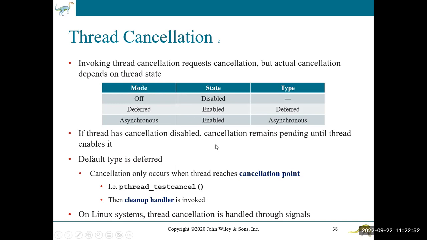So, thread cancellation. I mentioned conditions, didn't I? Or events. So an event can be a change in a thread state, or it could be some event between threads, right? But essentially, when you're talking about thread state, there are dependencies.